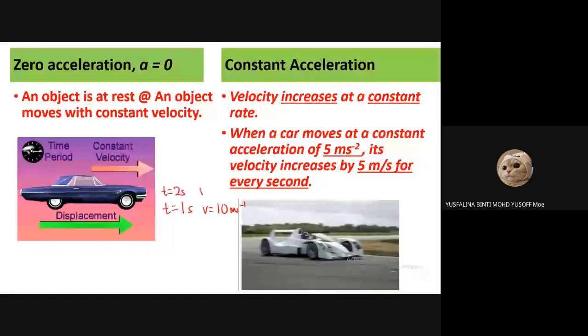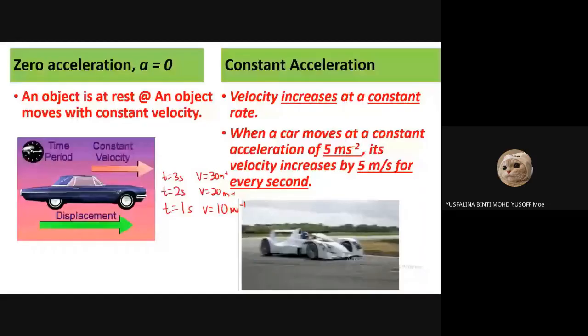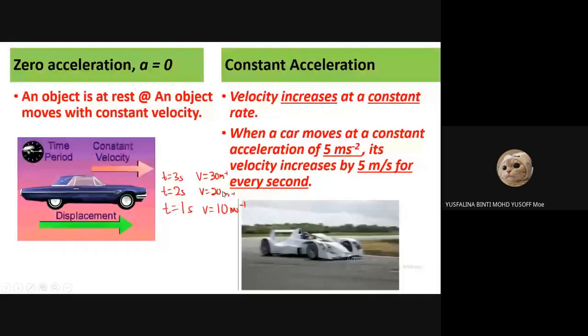When t is 3 seconds, my velocity is 30 ms negative 1. You can see it increases by the same number, 10, 10, 10, like that. So it increases at a constant rate, and this one we call constant acceleration.